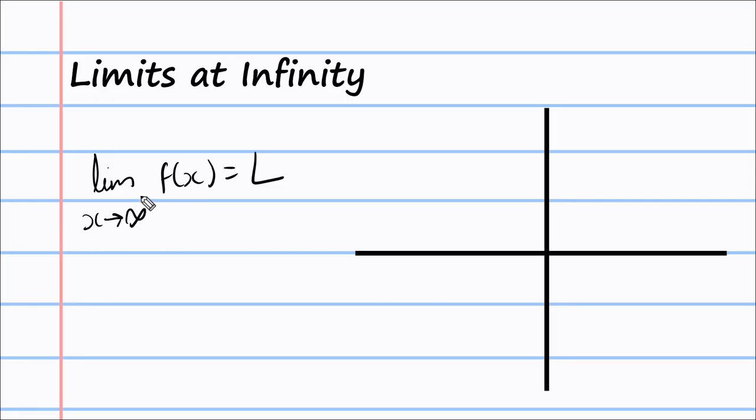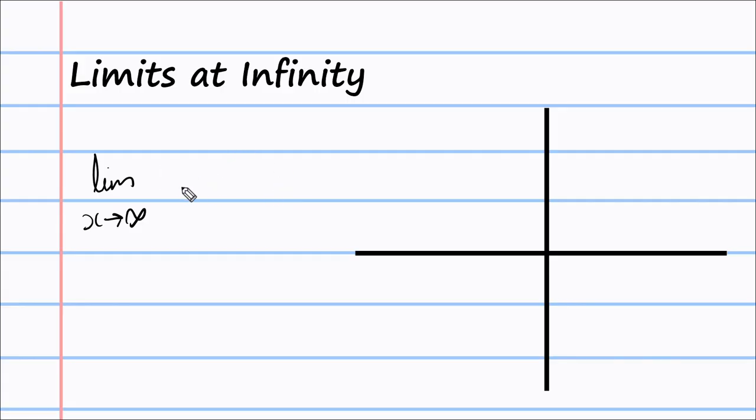Many times, especially for polynomials, the function just approaches positive infinity or negative infinity. But for rational functions, especially where the degree of the numerator and the denominator are the same, or the degree of the denominator is greater than the numerator, you will see that f of x actually converges to a certain value.